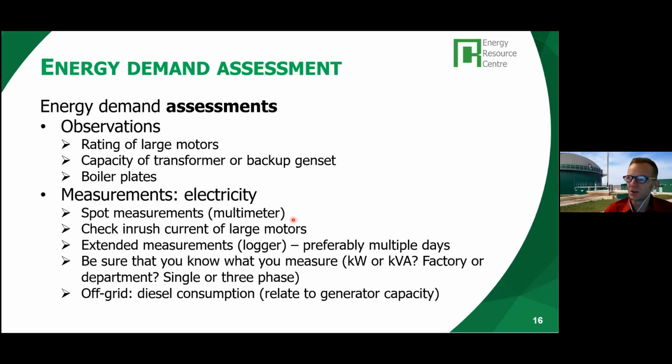Otherwise, you may be stuck with just doing the current measurements, and that may only give you the apparent power, so the kVA rating, and not so much the active power consumption, the kilowatt rating. With a multimeter, it's quite easy to check the inrush current of the larger motors, if you have access to the cabling and the terminals of the engine.